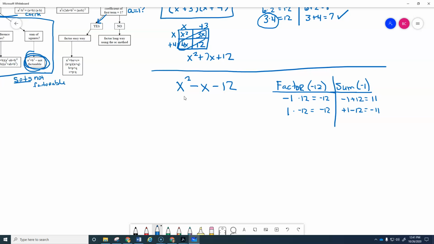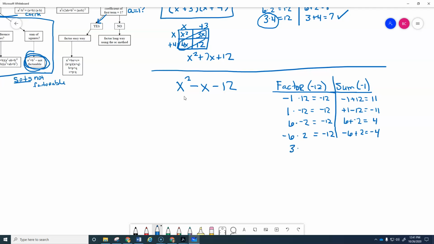Okay, so I'm still looking for a negative 1. So let's try 6 times negative 2. That gives me negative 12, and 6 plus a negative 2 is going to give me 4. I can do it the other way around. That still gives me negative 12, but negative 6 plus 2 is going to give me negative 4.